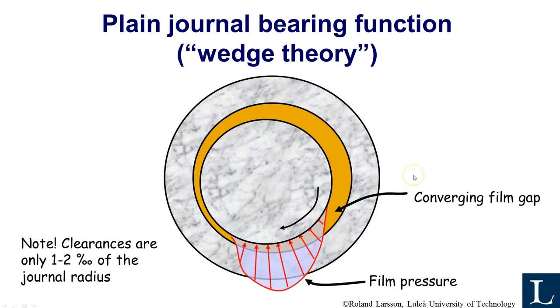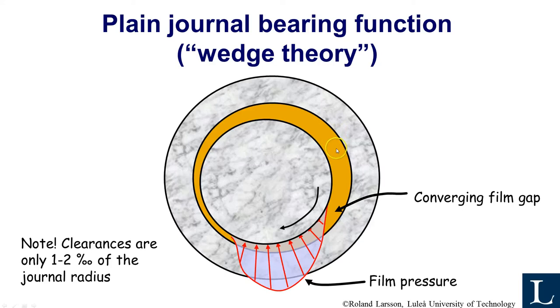Just to refresh a little bit the theory or the mechanisms of a journal bearing. This is a typical sketch of a bearing. You have the journal, you have the bushing, and remember that the journal is almost the same size as the bushing. It maybe only differs by a part of a percent.